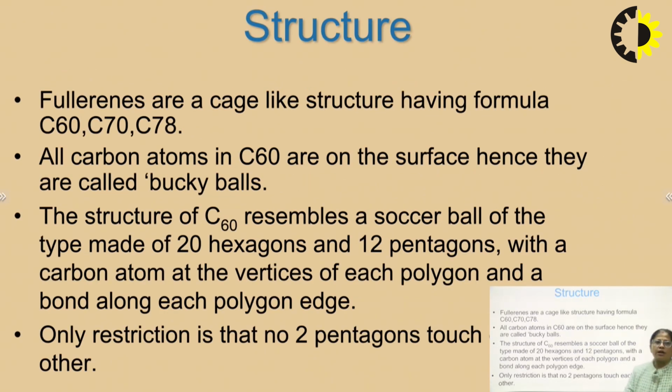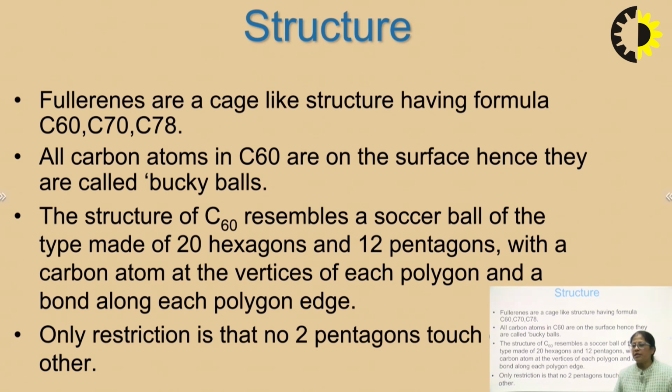Now, coming to the structure of fullerenes. These fullerenes form a cage-like structure, having the formula either C60, C70, C80. All the carbon atoms in C60 are on the surface. Hence, they are called buckyballs.